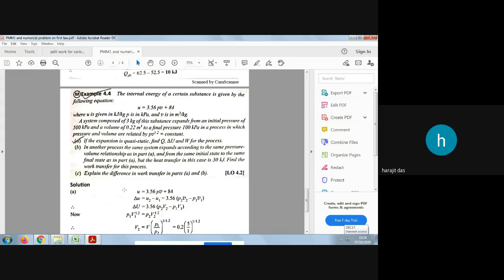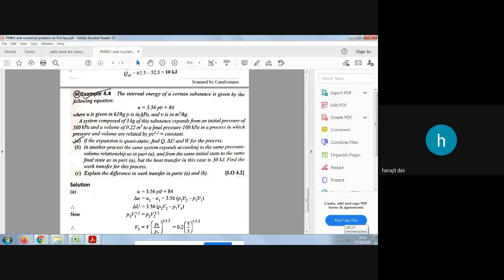So what we will write: u is given as 3.56 PV plus 84. So U1 will be 3.56 P1 V1 plus 84, and U2 will be 3.56 P2 V2 plus 84, isn't it? This is the general equation for the internal energy.